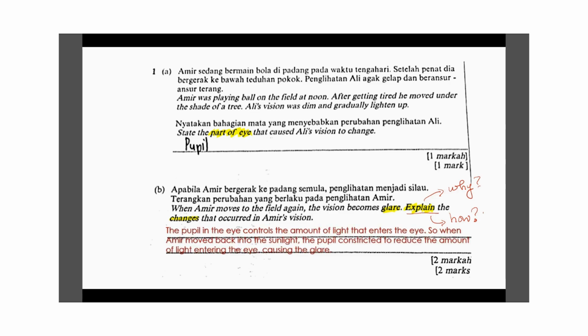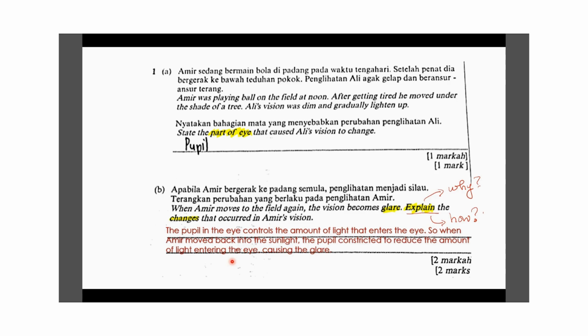this is the answer. So now in this answer, I've indicated a few things. So number one is when you're answering KBAT questions, you want to make sure that you always have a science term or science fact associated to your explanation. So almost 90% of the time, your explanation requires a science fact attached to it.